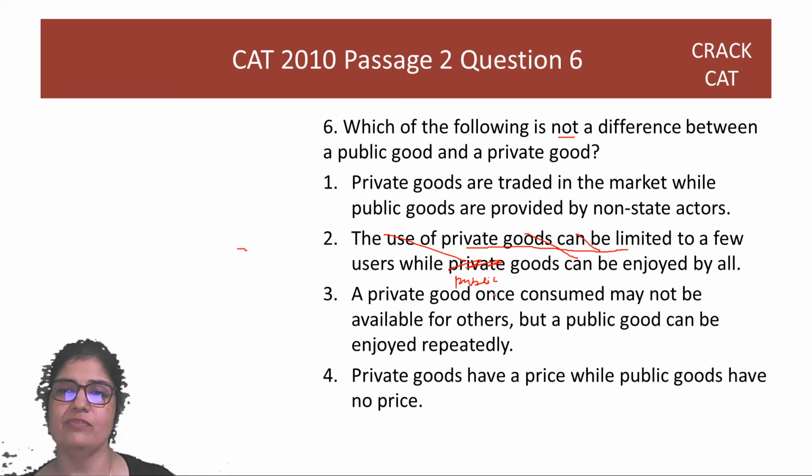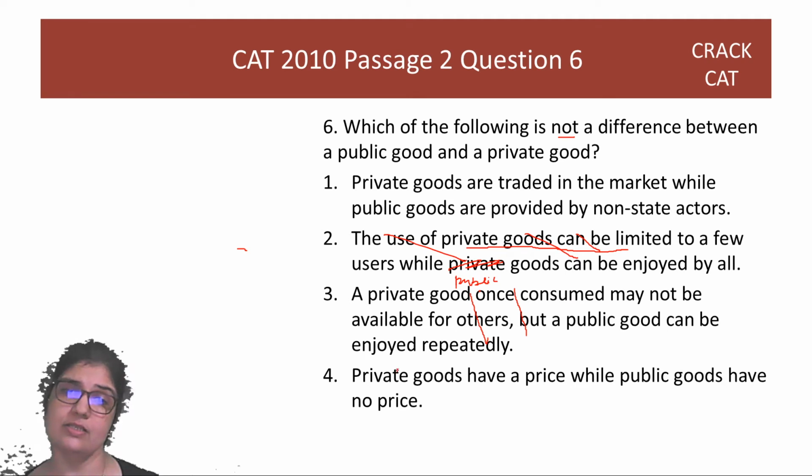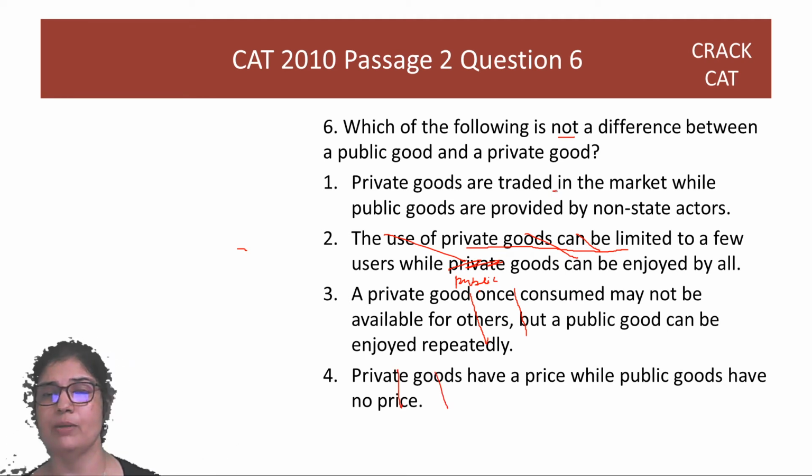A private good once consumed may not be available, but a public good is, this is also true, like the traffic signal, the clear example they gave. So this is a difference. You want something that's not a difference. Private goods have a price while public goods do not, this is also a difference. Private goods are traded in the market while public goods are provided by non-state actors. Sometimes these goods are not even provided.